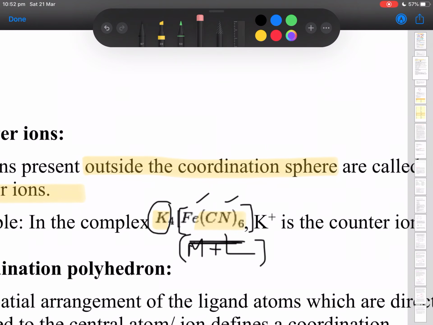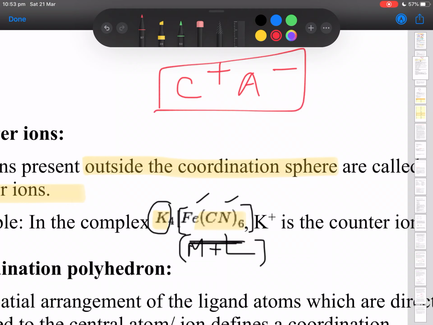See here, potassium. Potassium has a plus charge, wherein in the first example the ionizable ion which I discussed was Cl minus. So it is a convention that whenever we write the formula of any coordination compound, we are supposed to write the cation first followed by the anion. I repeat, it's a convention when we write the formula of a coordination compound, we first write the cation followed by the anion.